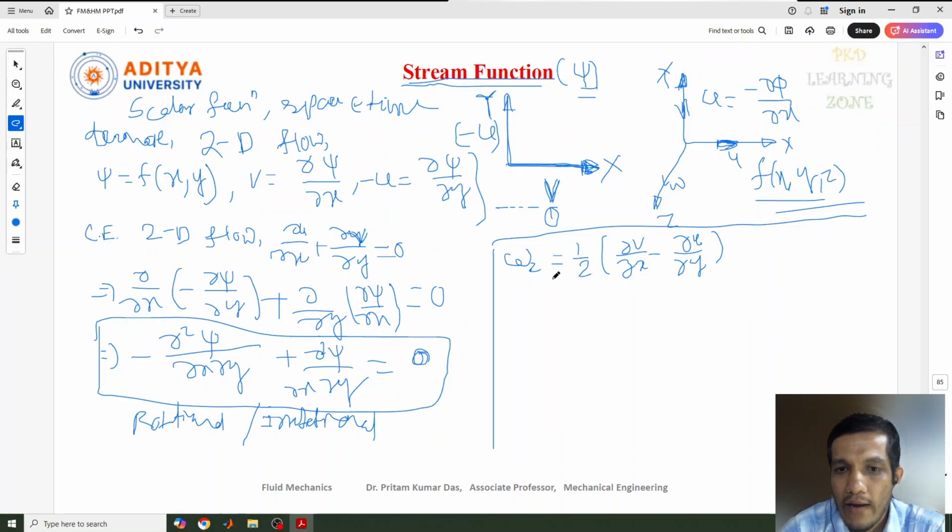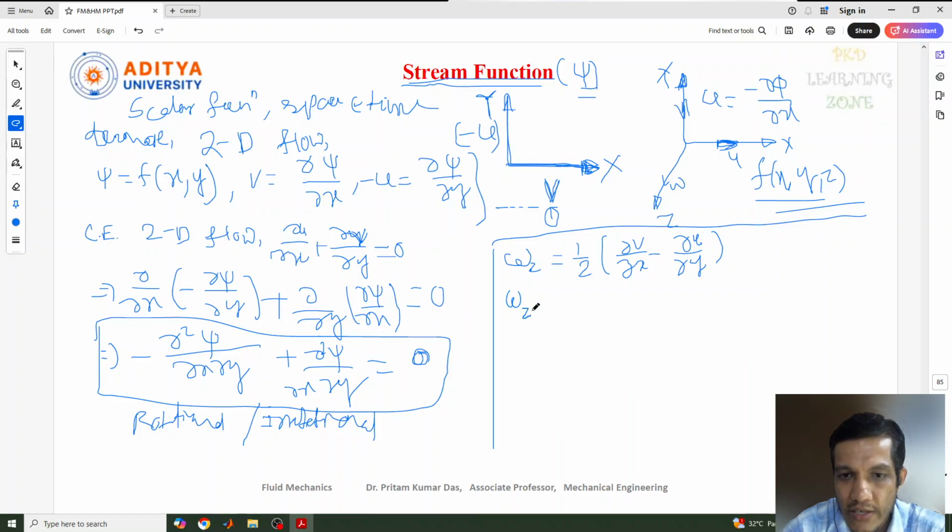Now I won't consider the other components like omega x and omega y. Only this one, omega z, we will put the values in. Here v is there and u is there, just put the values of u and v. So what will we get finally?